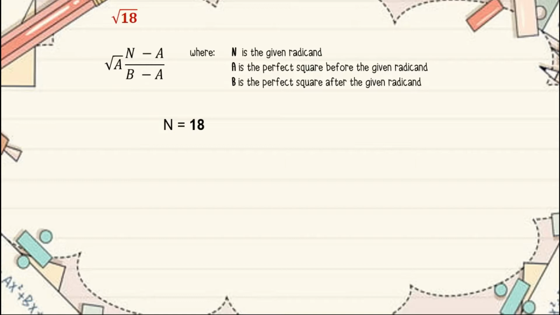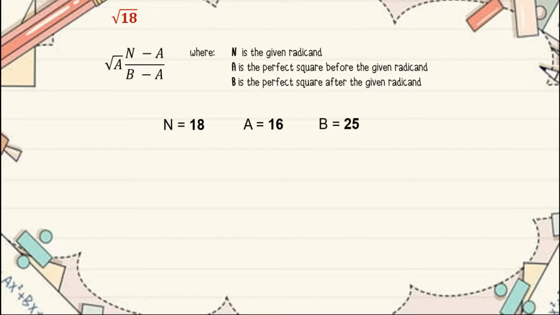Very good. It is between the perfect square numbers, which are 16 and 25. And the perfect square before 18 is 16, and that is our A. The perfect square after our radicand 18 is 25, and that will be our B.